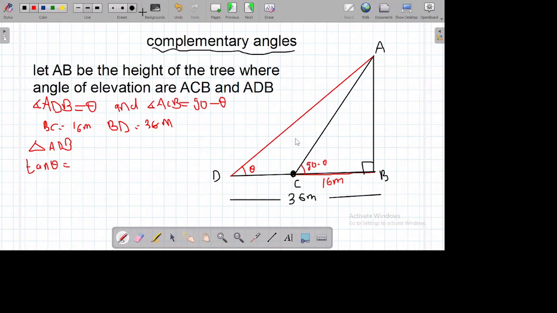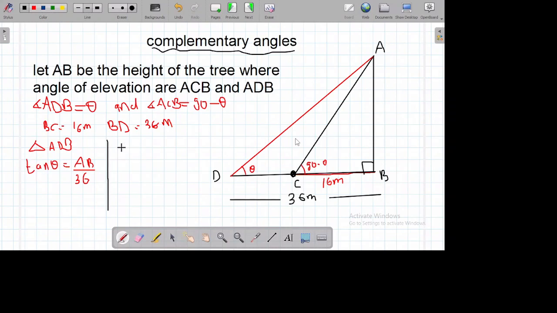Sir, AB by DB. AB by DB, and DB means 36. So tan theta means AB by DB, as Deson just said, so I have directly written AB by 36. Leave it, because we don't know the angle.